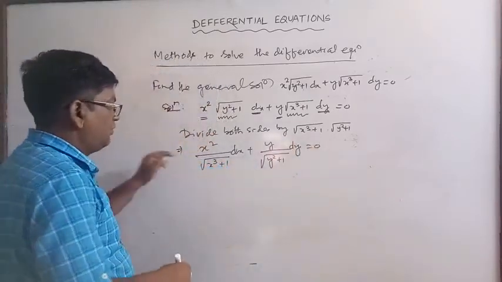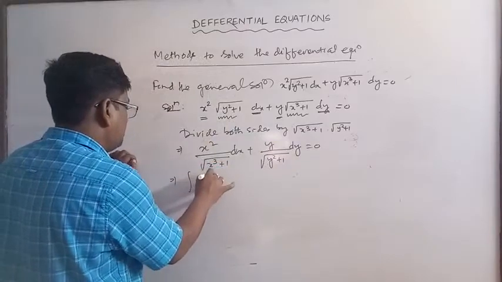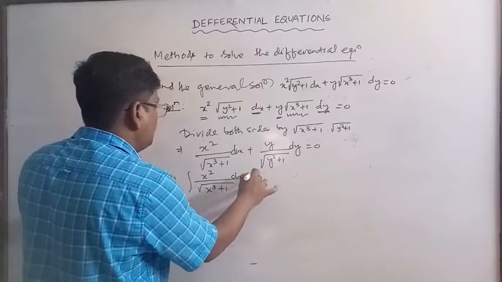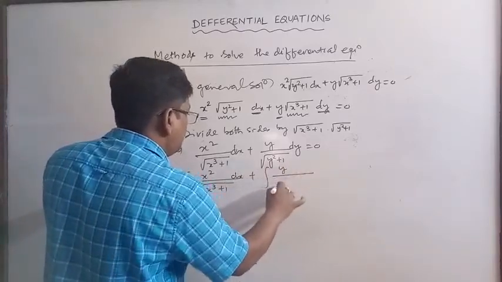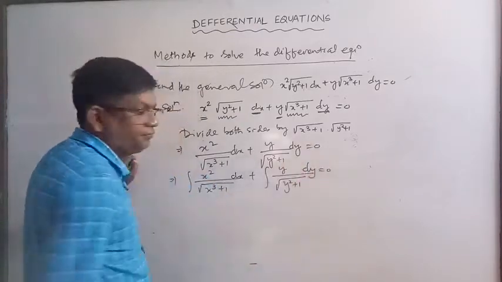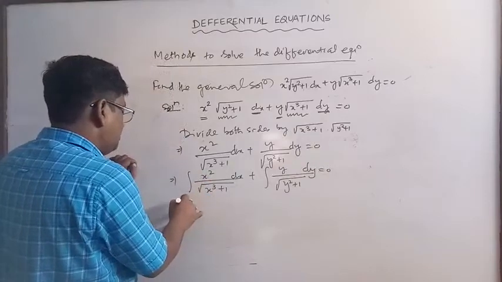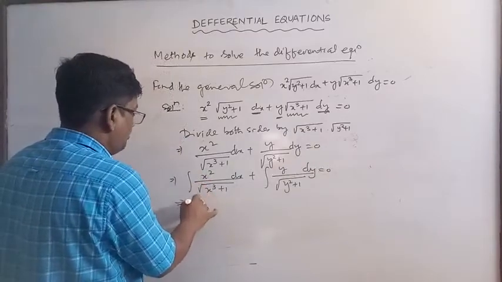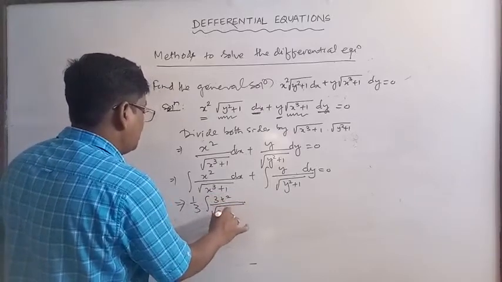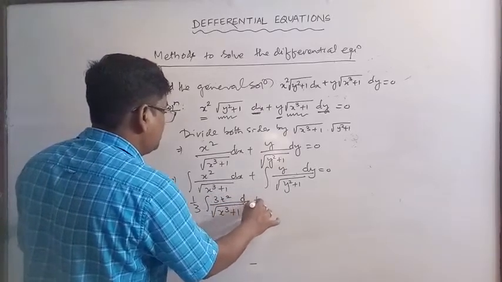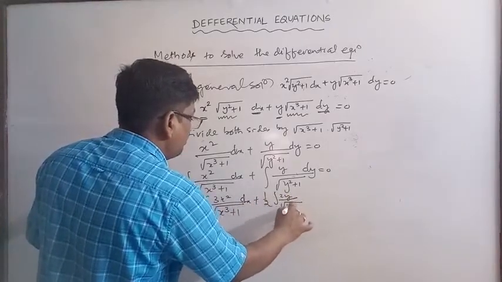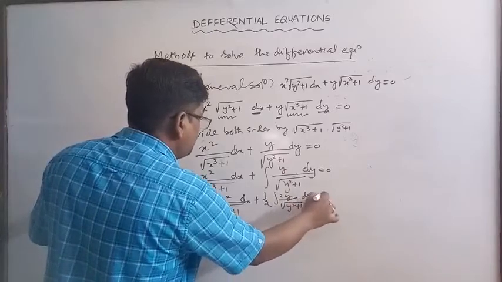So now integrating: integration of x square divided by root over x cube plus 1 dx plus integration of y divided by root over y square plus 1 dy is equal to 0. Okay, the derivative of x cube plus 1 is 3x square, so 1 by 3 into 3x square divided by root over x cube plus 1 into dx, and for y square plus 1 it is 2y, so 1 by 2 into 2y divided by root over y square plus 1 into dy is equal to 0.